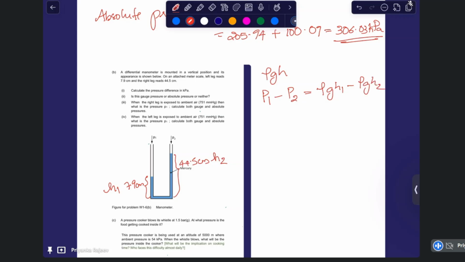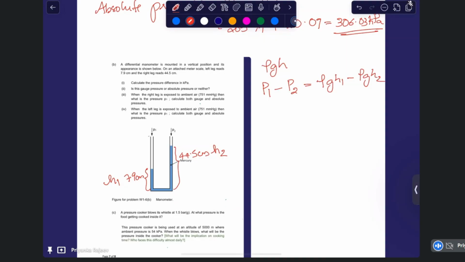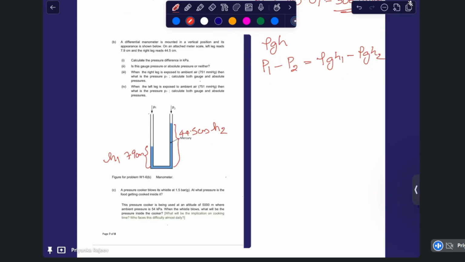Both are having the same liquid, so rho is constant, G is constant.